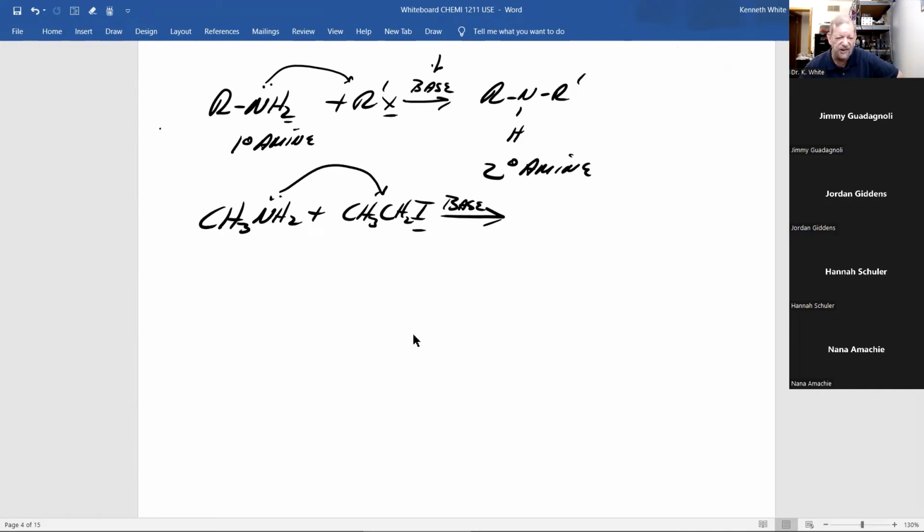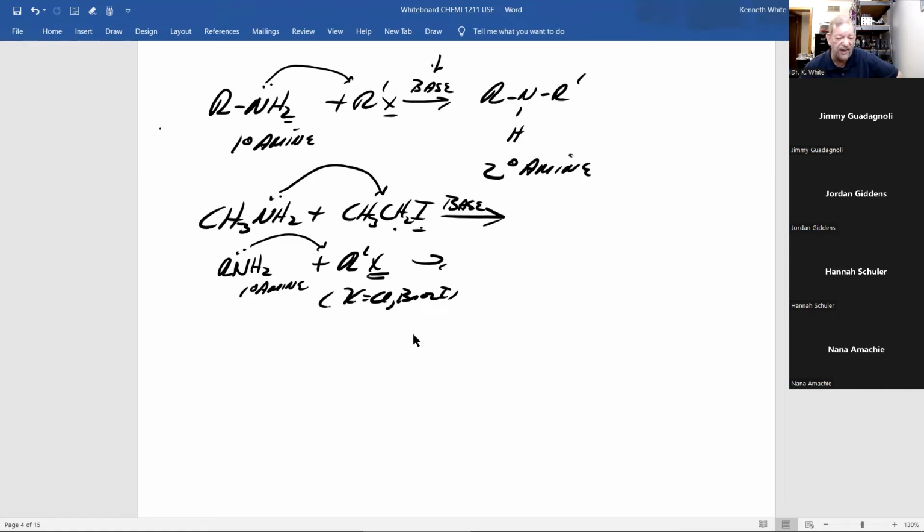And what is this? This is a primary amine. This is a halogen on a carbon, an alkyl halide. X can be chlorine, bromine, or iodine. This attacks that, like I said.